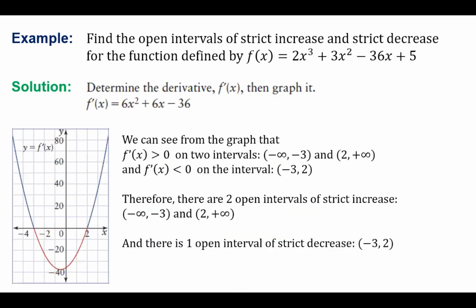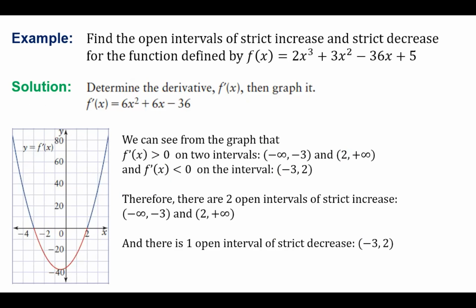Okay, so let's check a proper writing of the solution here. First of all, determine the derivative f'(x), then graph it. So the graph of the derivative of this function looks like this. We can see from the graph that f'(x) is greater than 0 on 2 intervals, which are -∞ to -3 and +2 to +∞. And f'(x) is less than 0 on the interval from -3 to +2.